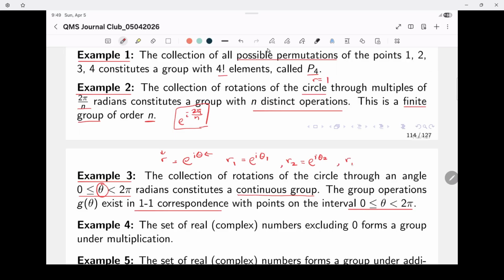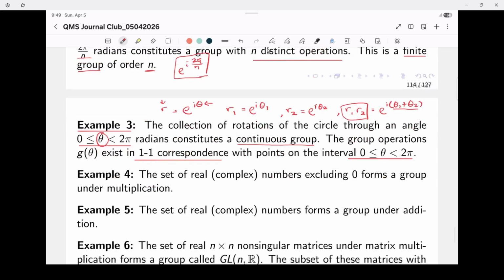When you do your group multiplication together, R1 multiplied with R2, it becomes a summation on top. This is what we call the one-to-one correspondence. You are corresponding your rotation to the summation of two parameters, theta 1 and theta 2, on this particular interval. So that's the third example.